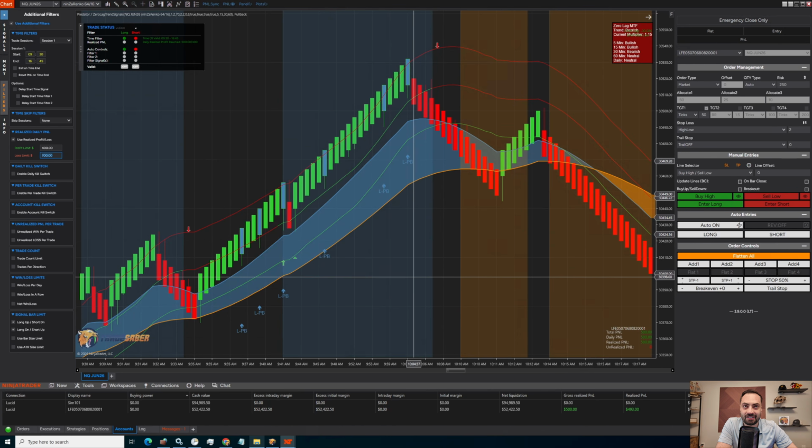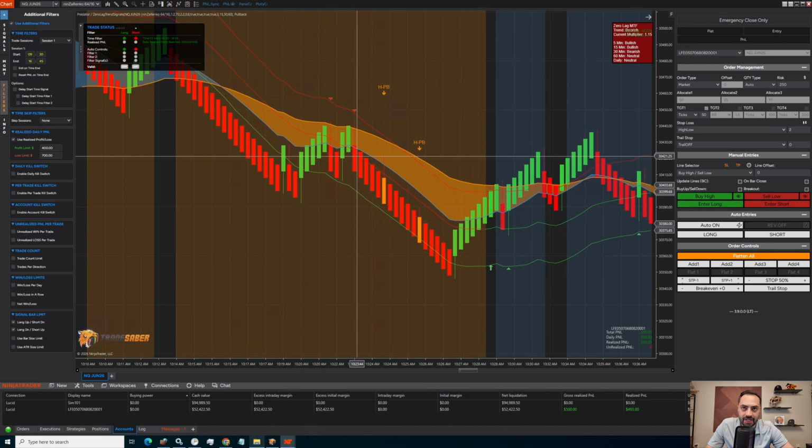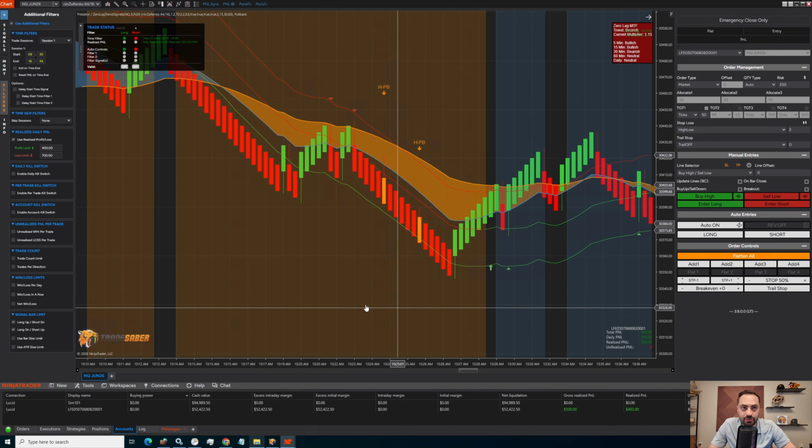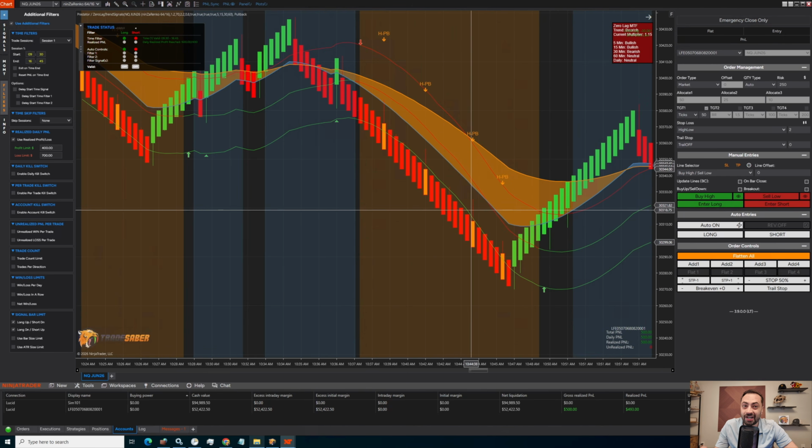So luckily it did not stop out because we keep going. We got to the short side. We had our red line sloping down. We had 1, 2, 3, 4, 5 winners in a row. And by this point, we hit our $400 threshold.